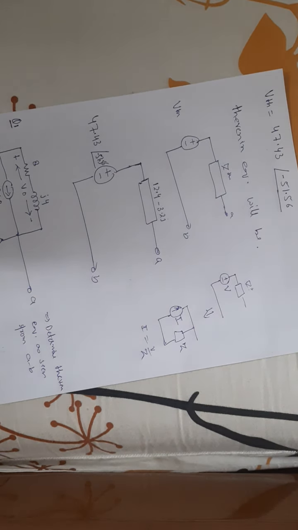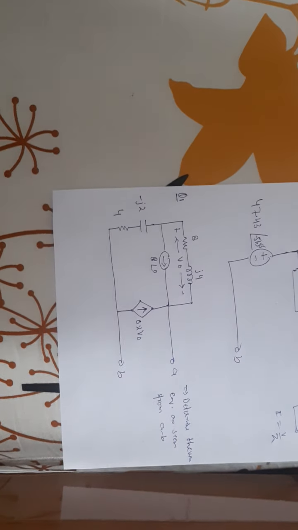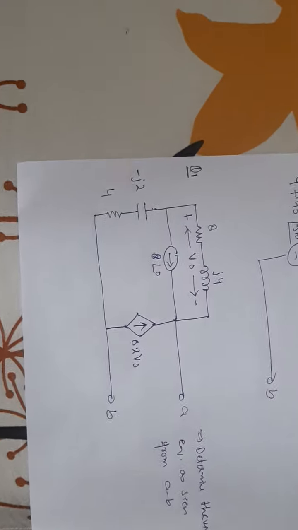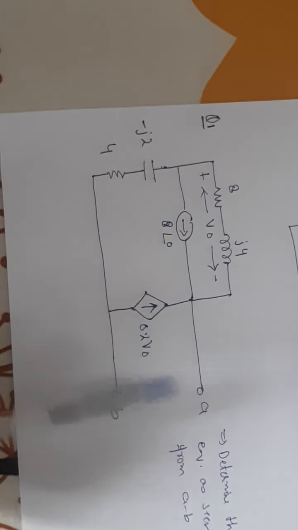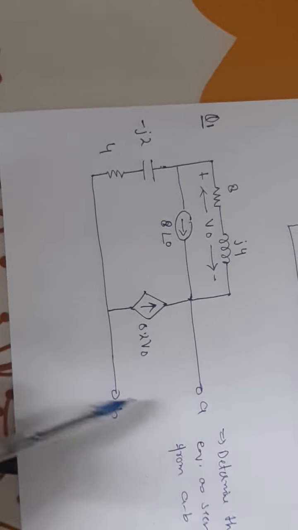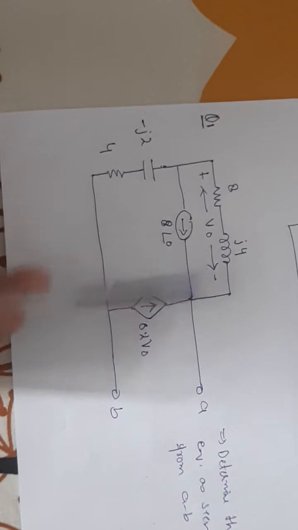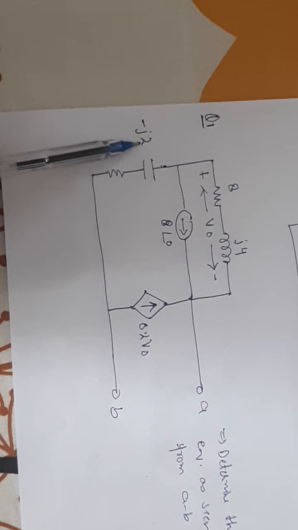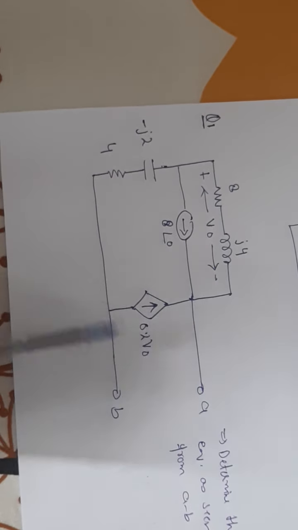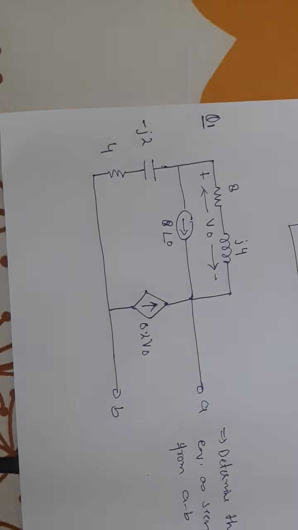Now I will give you some questions which will be your homework. You have to determine the Thevenin equivalent as seen from the terminals A and B. This is an 8 ohm resistor, this is a 4j ohm inductor, this is an 8 angle 0 ampere current source, this is a minus 2j ohm capacitor, a 4 ohm resistor, and you have a dependent source of 0.2 V0.